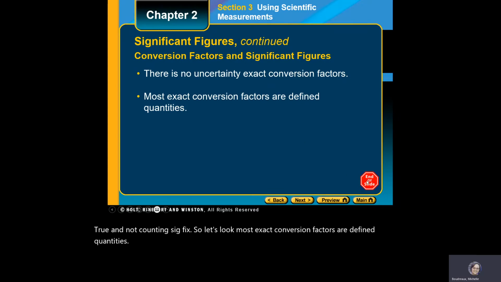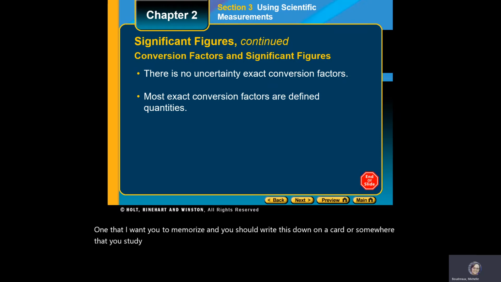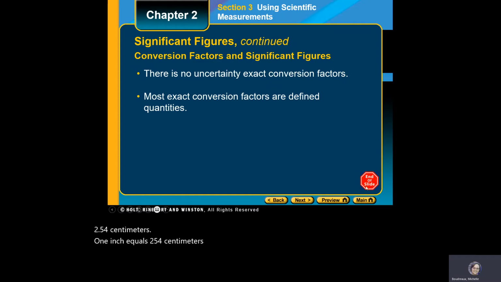One that I want you to memorize, and you should write this down on a card or somewhere that you study, maybe an index card if you use vocabulary cards, is the quantity 1 inch equals 2.54 centimeters. You will be required to know that by heart.